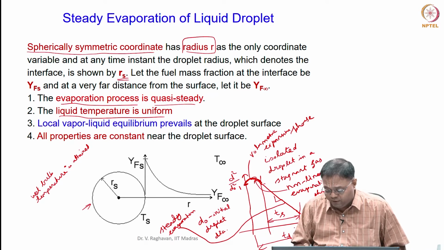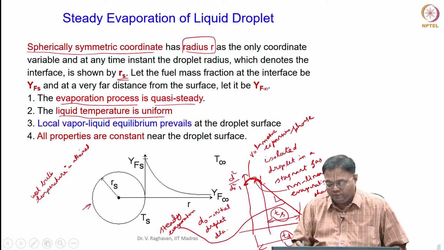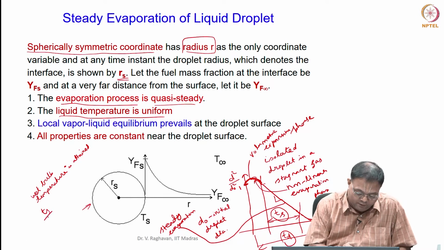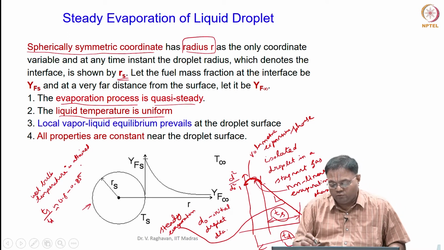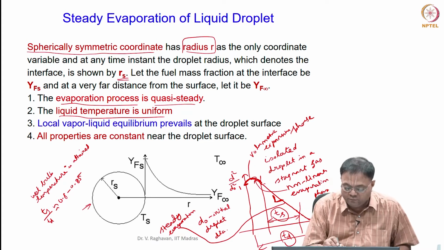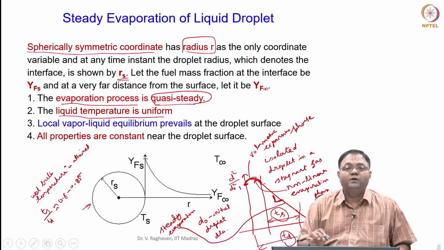You can see that Ts by Td, the total droplet lifetime, will be 80 to 90%. So we can say that Ts by Td will be 0.8 to 0.85 or even 0.9. That is why we concentrate on the evaporation constant, which is constant in nature. So this assumption of quasi steady is valid.